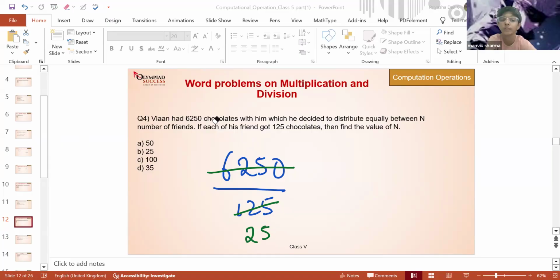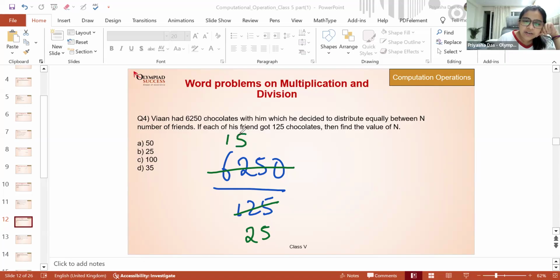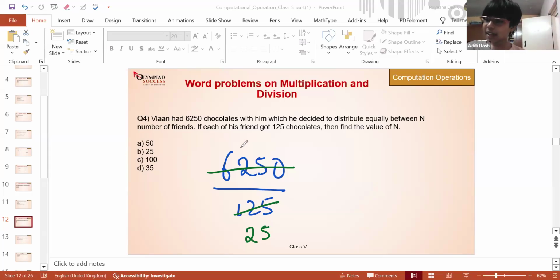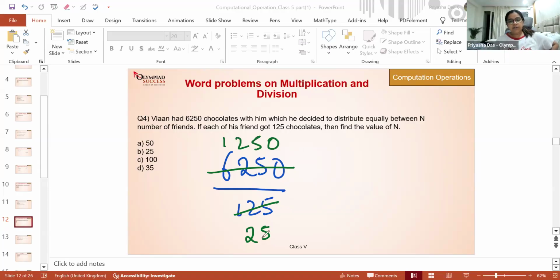No, you said 50. 15. It's okay, Manvik. Aditi, can you tell me what do we get when we divide 6250 by 5? Ma'am, I think 1250. Okay, thank you. And then when we do it, we get 50.